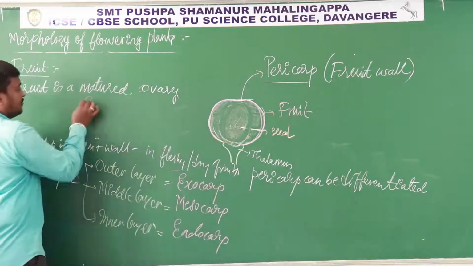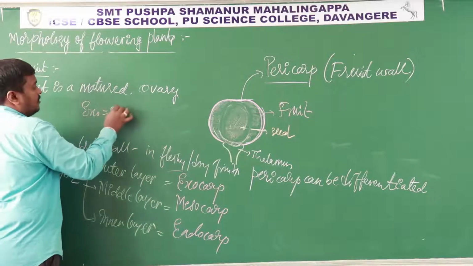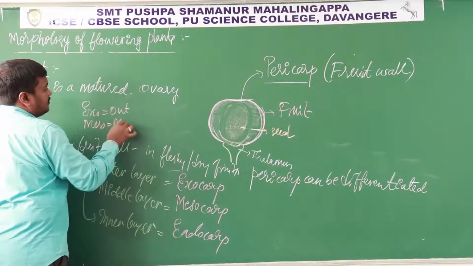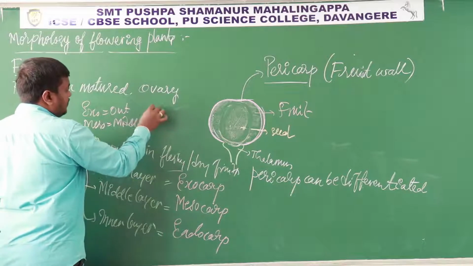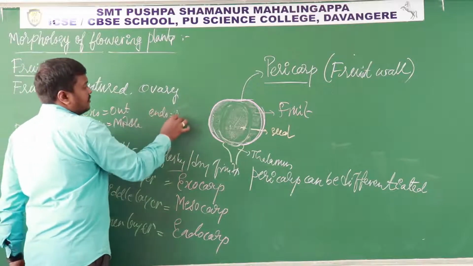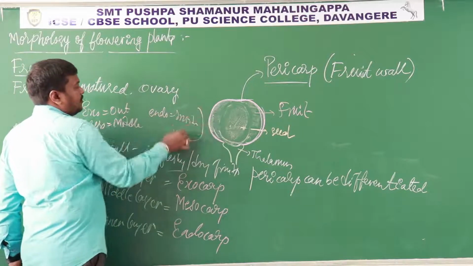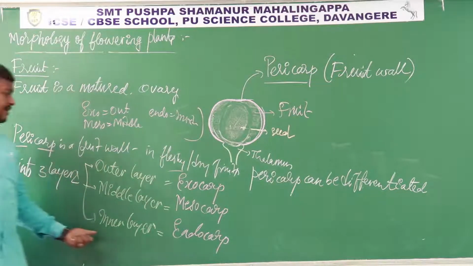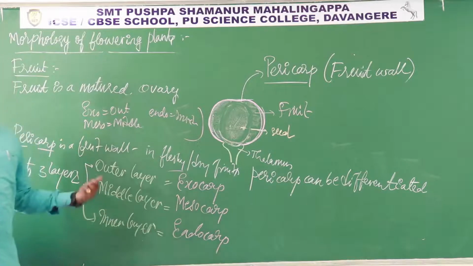Okay, if you recall the meaning, exo means outside, meso means middle. You can remember this. Endo means inside. So exocarp is outermost, mesocarp is middle, endocarp is inner layer.